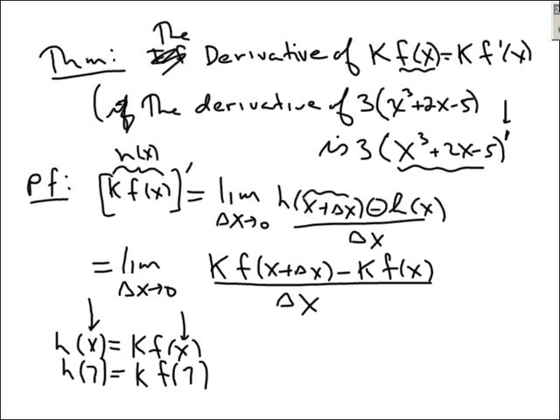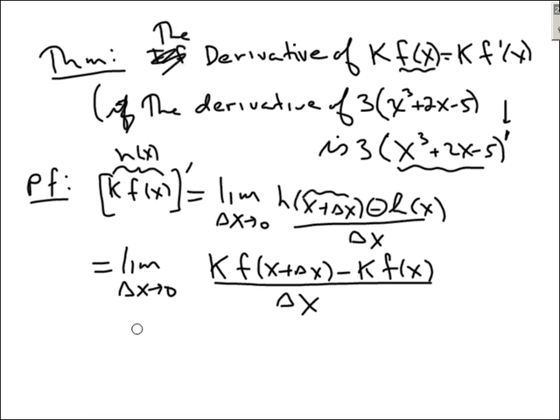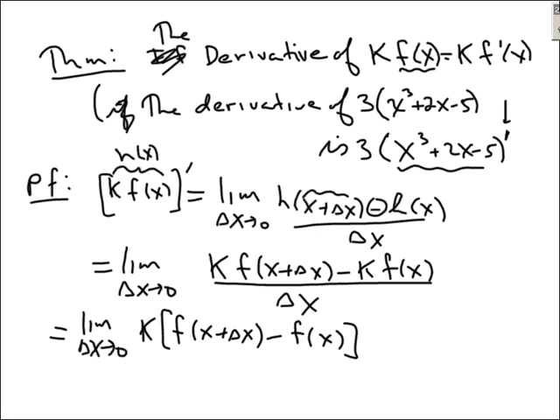Now, I'm able to pull out k in the numerator. I can pull out k. This equals the limit as delta x goes to 0 of k times f of x plus delta x minus f of x. That's the numerator.